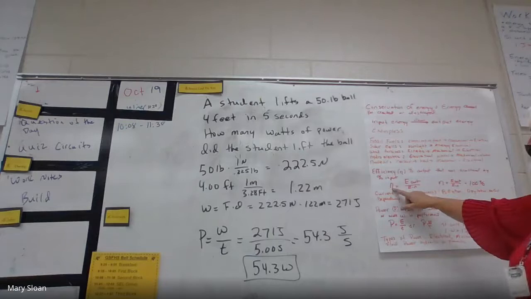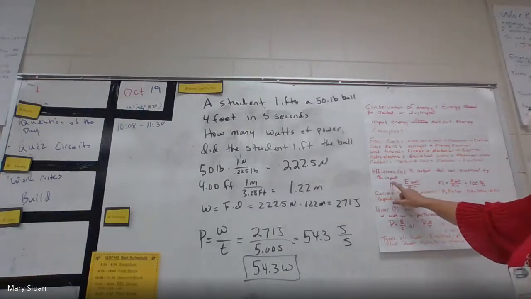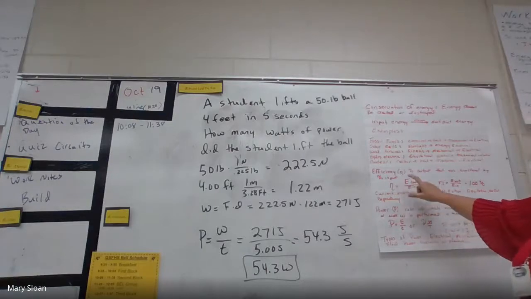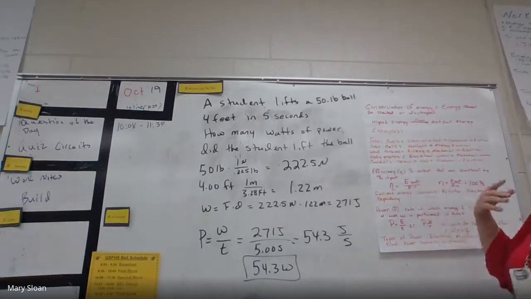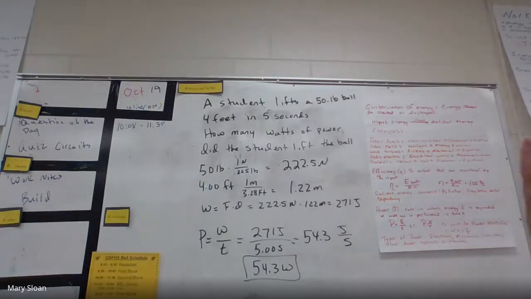So you have eta, which is efficiency. When you see this symbol, that means efficiency equals E out divided by E in, and that's the energy. To find out how efficient something is, you take the output of it, divide by the input of it, and multiply by 100 to give you the percentage of efficiency.